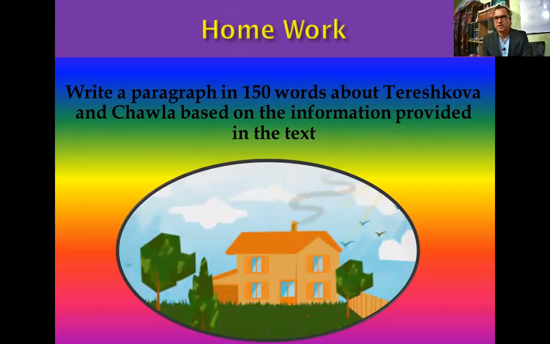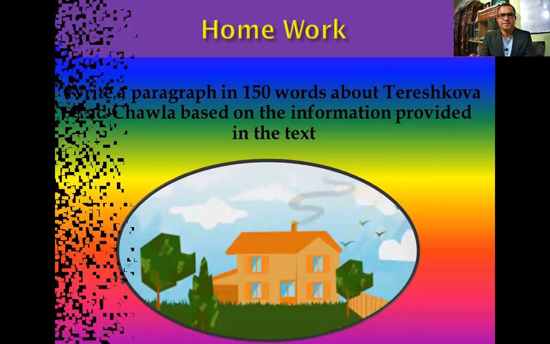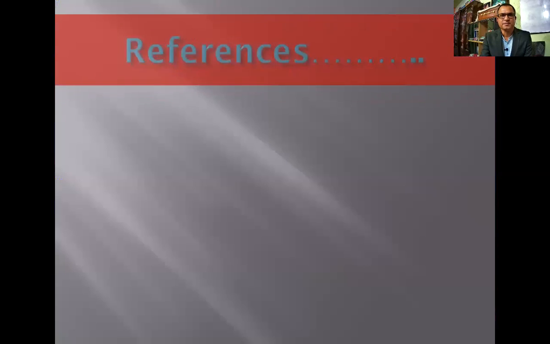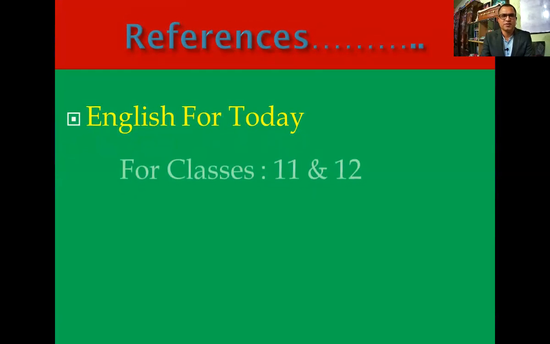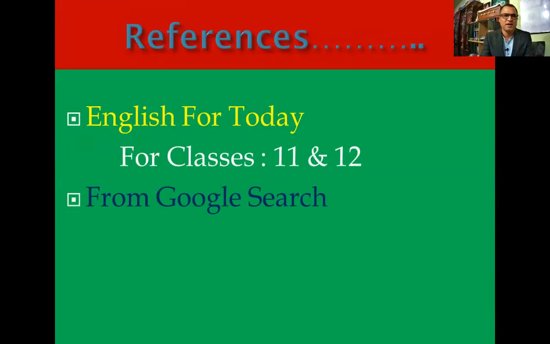My dear students, I would like you to complete this work as far as you can, and you will send it to me through your messenger group or email. The references I have used: English for Today for classes 11 and 12, and Google search.